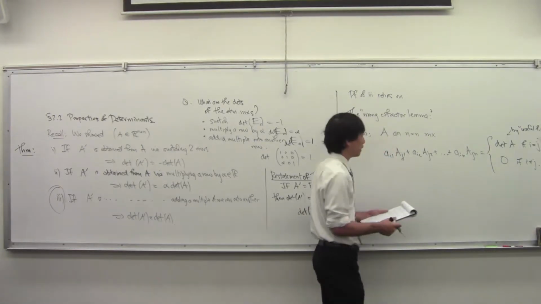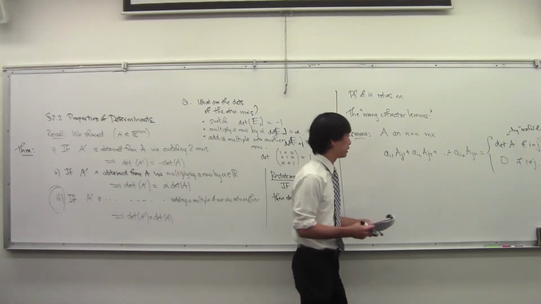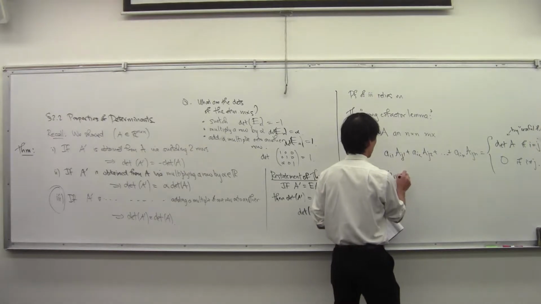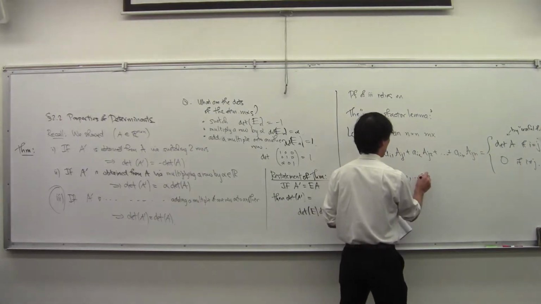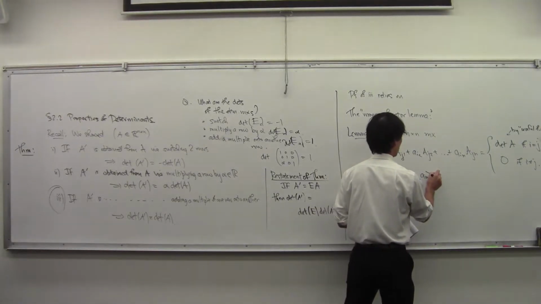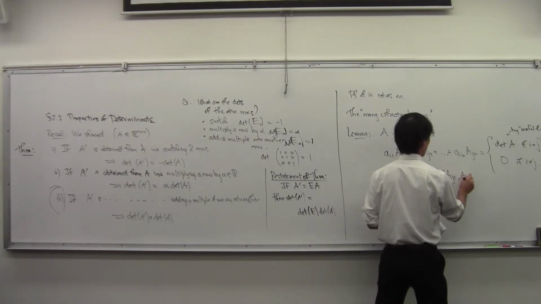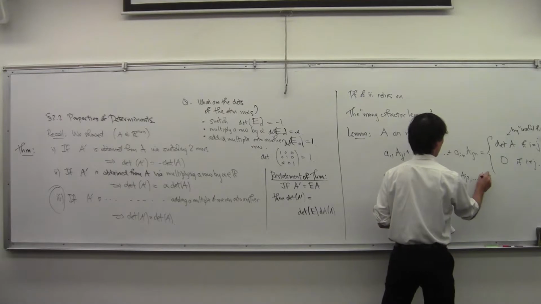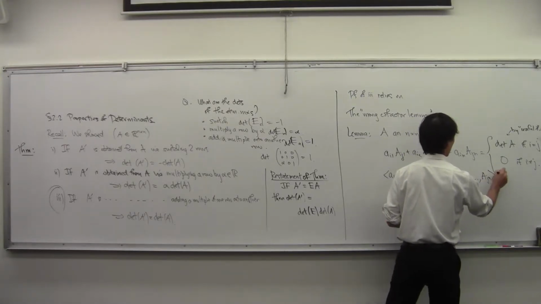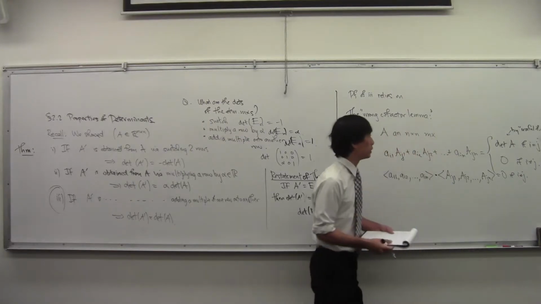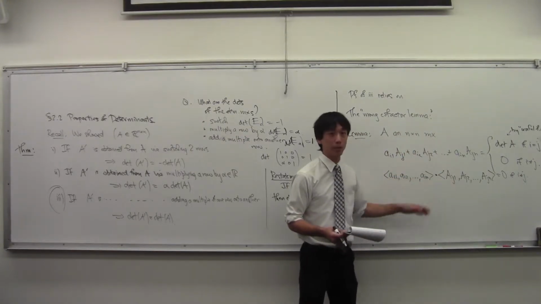One way of thinking about this is as a dot product. This is saying that the dot product of (a_i1, a_i2, ..., a_in) against (a_j1, a_j2, ..., a_jn) is 0 if i is not equal to j, and it's equal to the determinant of A if i equals j.